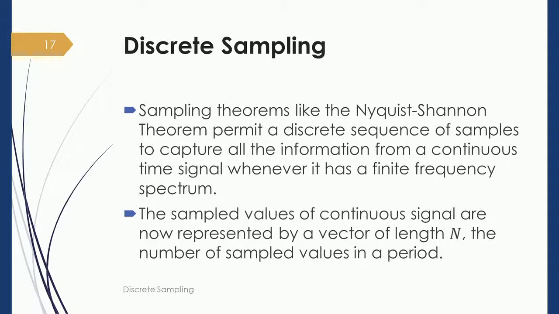And once we have an understanding of the sparsity of a particular signal in the frequency domain, that will indicate to us the number of samples, and therefore the length of the vector used to represent discrete periodic functions. Here we use the uppercase letter N to denote the number of sampled values in a period.